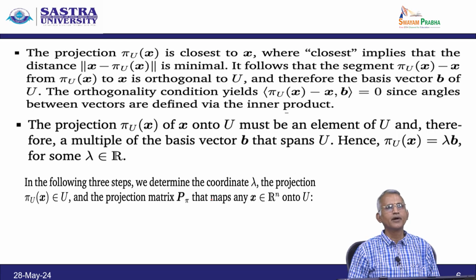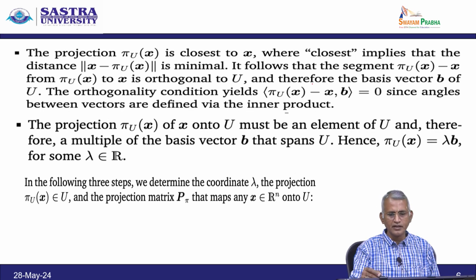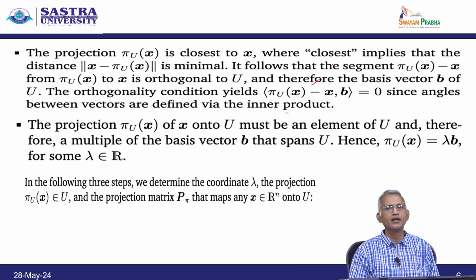So the projection pi u of x is closest to x, where closest implies that the distance norm x minus pi u of x is minimal. It follows that the segment pi u of x minus x, from pi u of x to x, is orthogonal to U. So therefore, for the basis vector b of U, the orthogonality condition yields the inner product of pi u of x minus x comma b equal to 0, since angles between vectors are defined through the inner product.